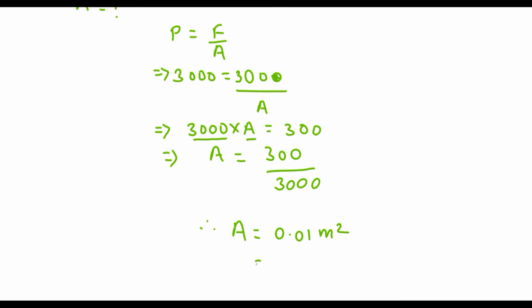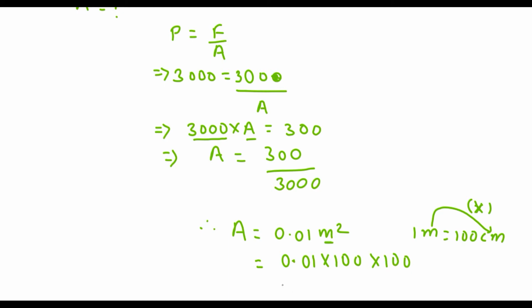This is the required answer. We can also change it to cm square, like we know that 1 meter equals 100 centimeter. If we have to change meter to centimeter, then we multiply by 100. But here it is meter square, so if we multiply by 10000 then we get cm square.